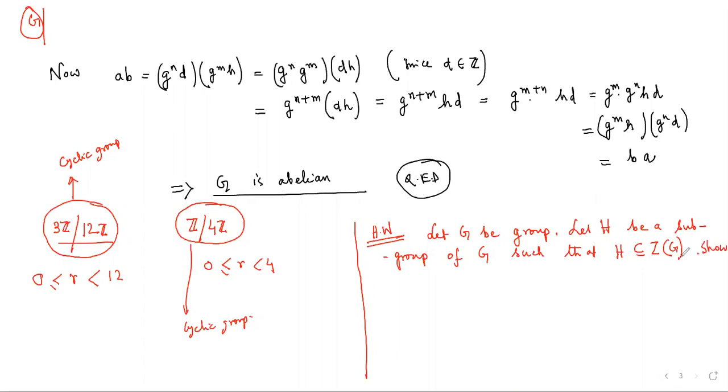Show that if G by H is cyclic, then G is equal to Z(G), that is, G is abelian. Okay, try to do this particular problem. I think this particular problem is actually very important. So try to solve this particular problem.